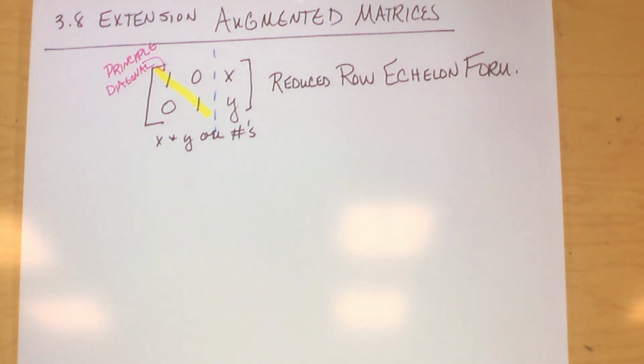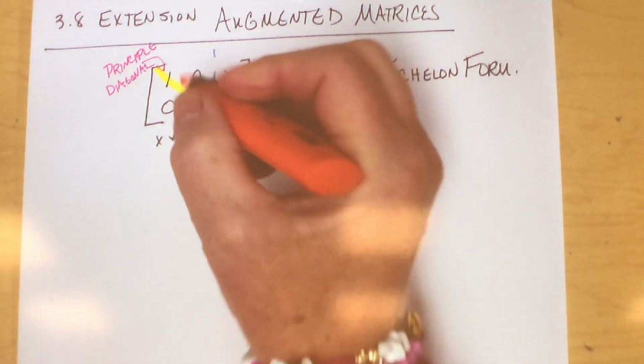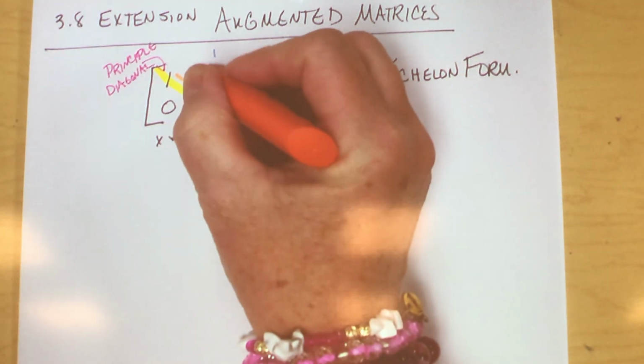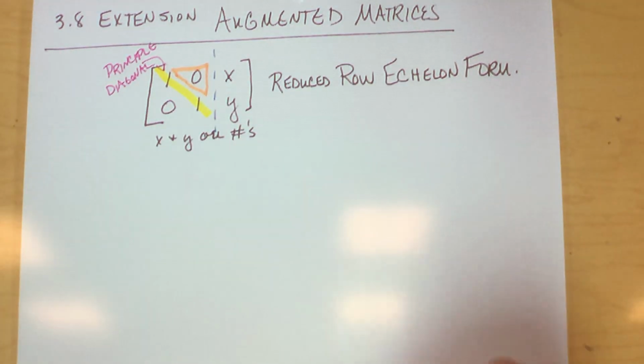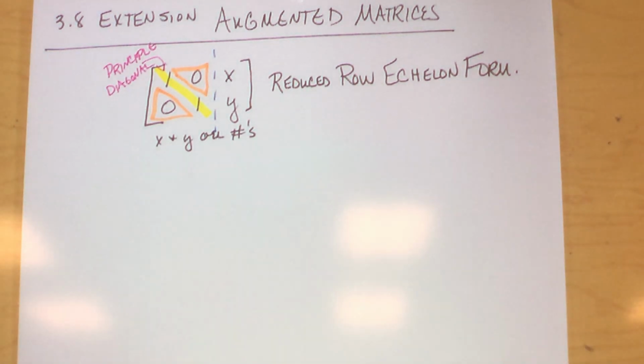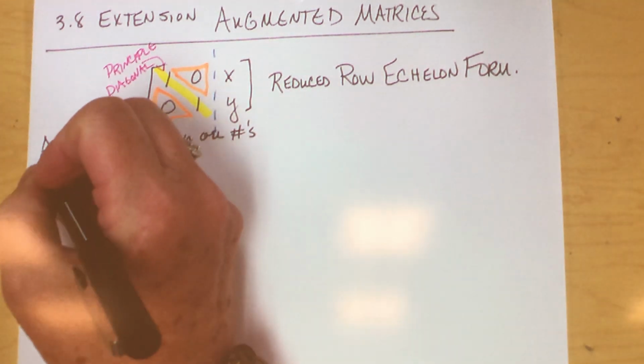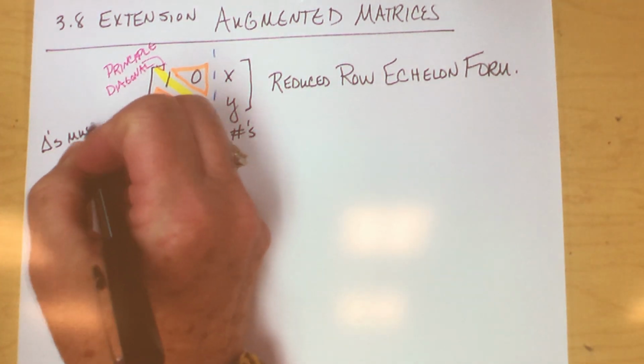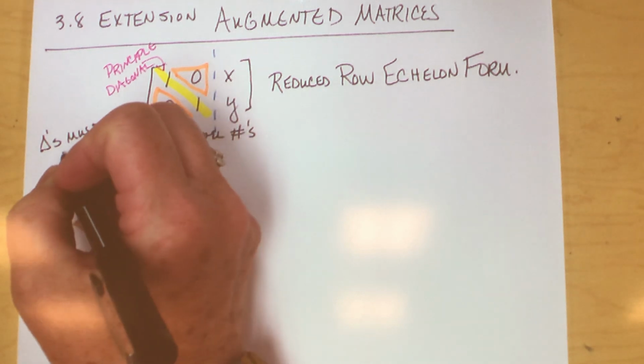Ones. Right? And it's important that you do what I asked you to do. You're going to make triangles. Not circles, not squares, but triangles out of these right here. And what do we want our triangles to be? Yeah, the triangles must be zeros.